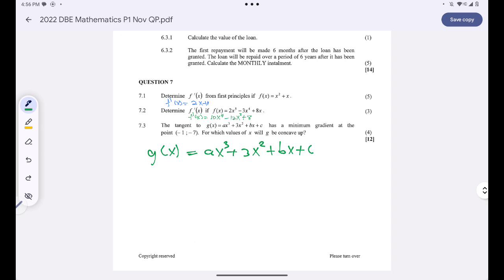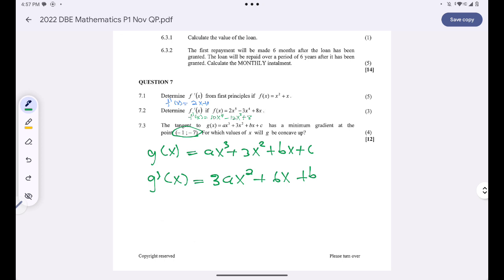So for me to find the gradient of a tangent, the derivative of this equation over here will give me the gradient of my tangent. Are you together? But I was told that my tangent has a minimum gradient at this point. Are you together? The word minimum simply means that I must derive the gradient that I have.